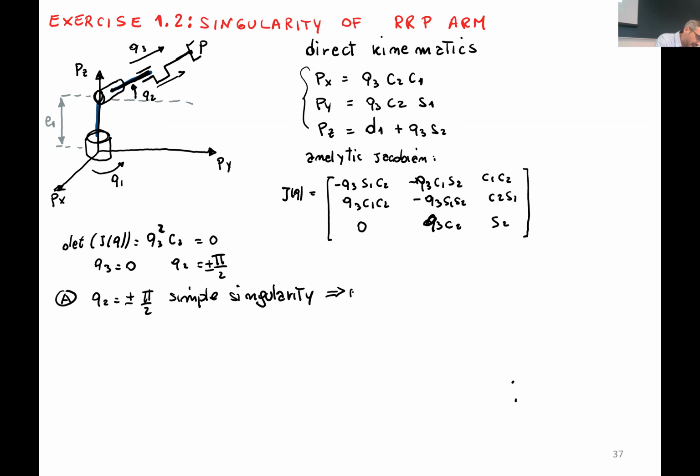Because the loss of rank is only one. So we go from rank 3, maximum rank, to rank 2. So we lose mobility in one direction.